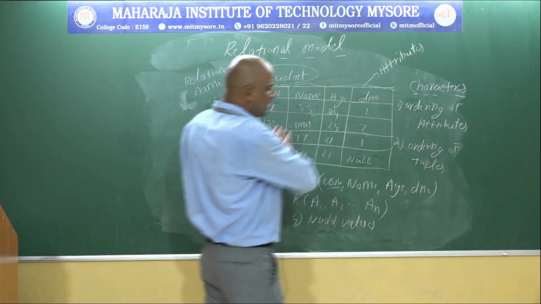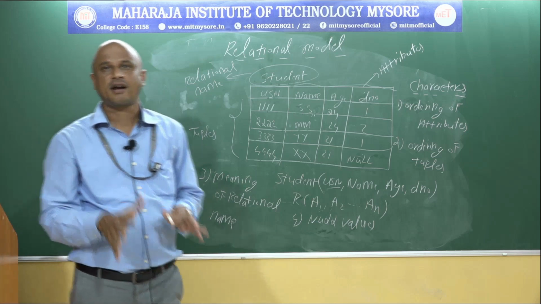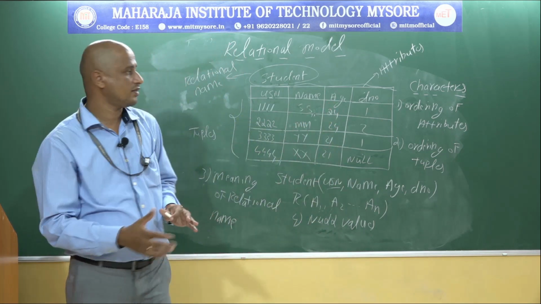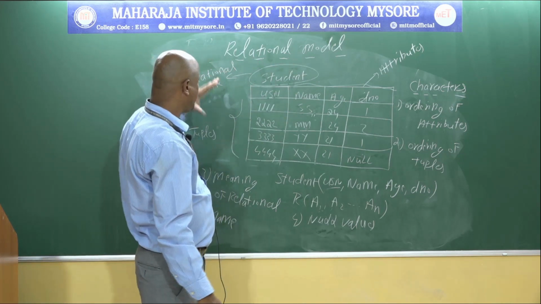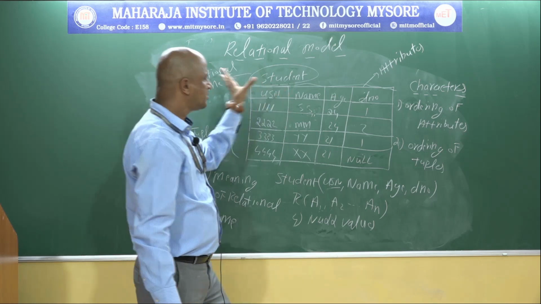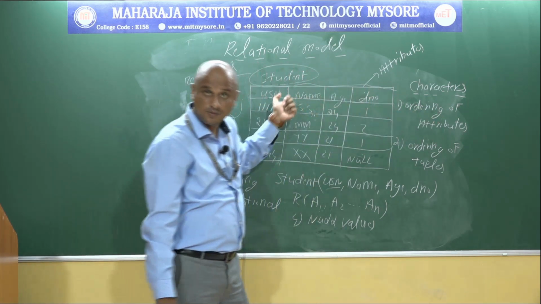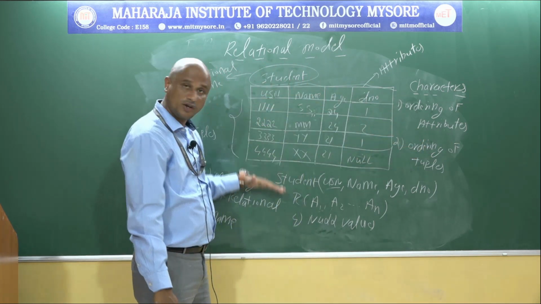Okay, so this is a small introduction to the relational model, the relational database or RDBMS. It contains a relation name, tuples, and attributes. Then you think about ordering of attributes with the uniqueness property first, then ordering of tuples, which must be in sorting order.